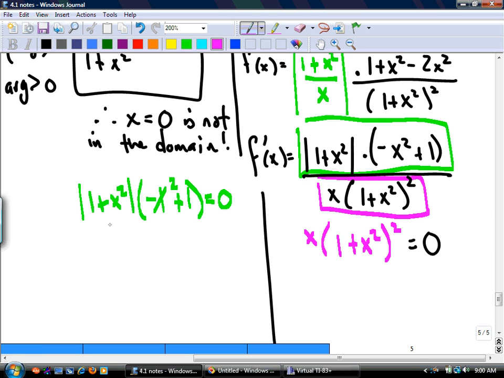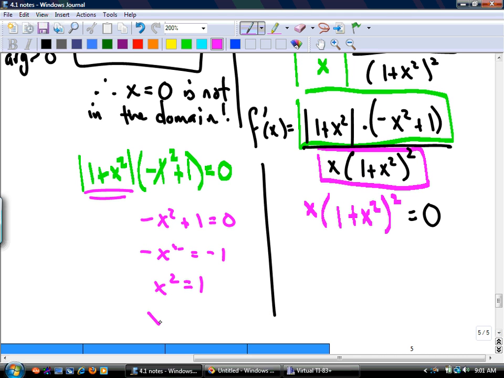Now, will this ever equal 0? No. So the only part of the equation that you need to solve is this part. Solve for x. Move the 1, divide by -1, square root, put a plus or minus in front of it.